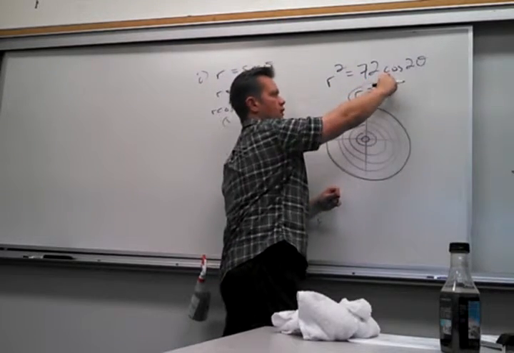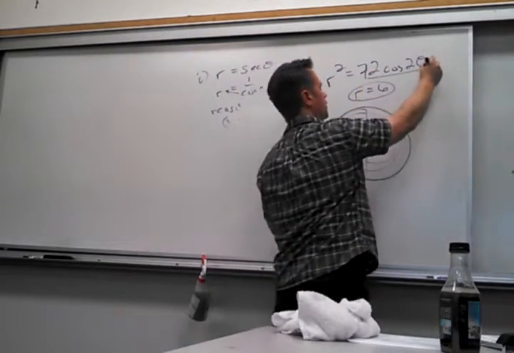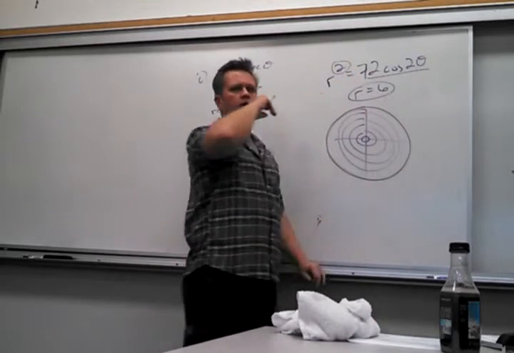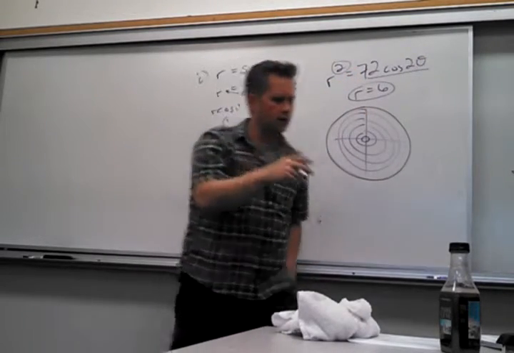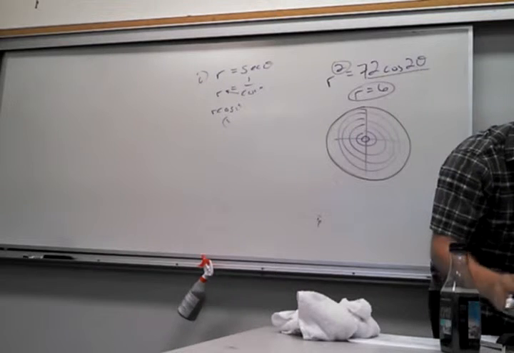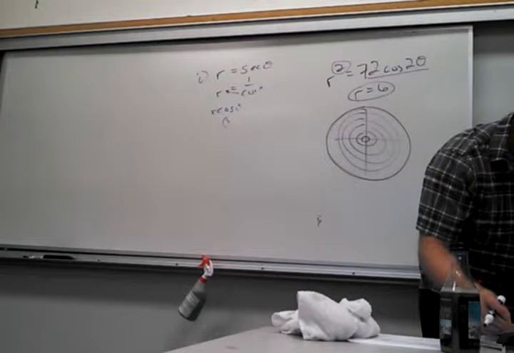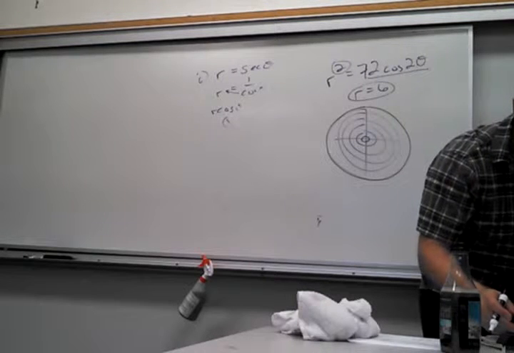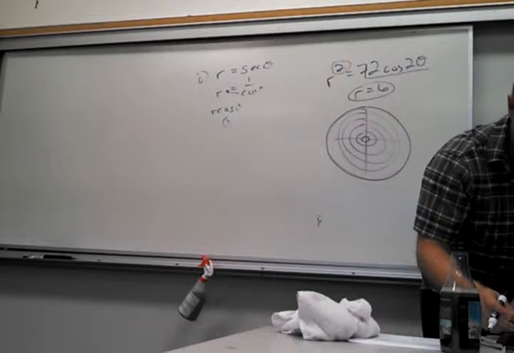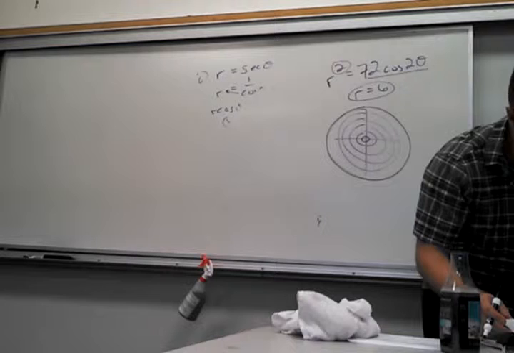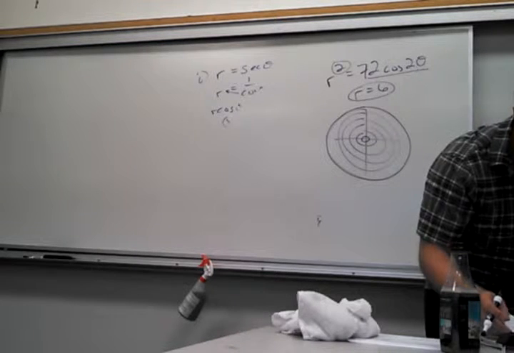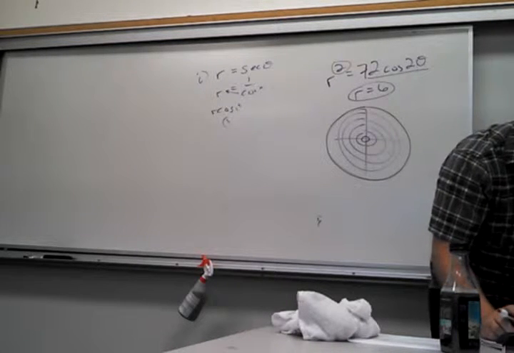When you graph this, and this is r squared, I want to point out they do have some examples, I think in 10.3.